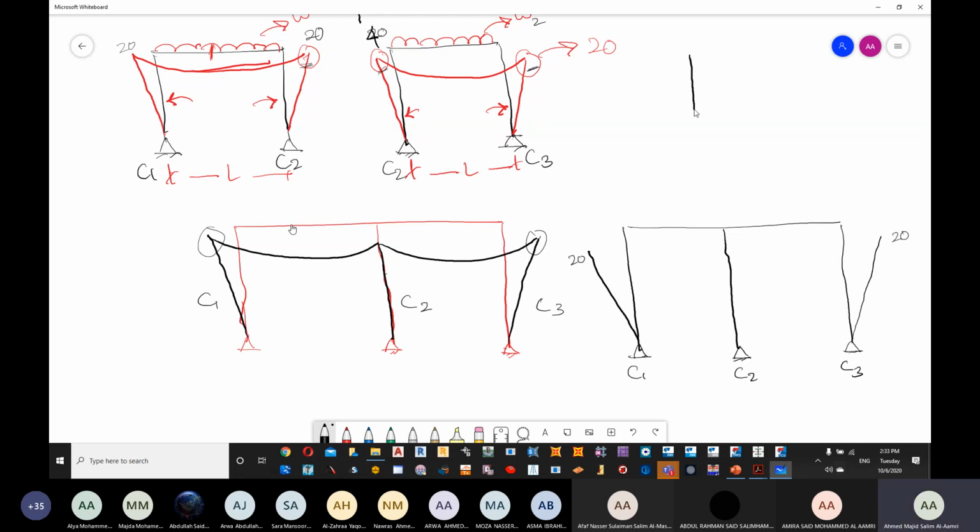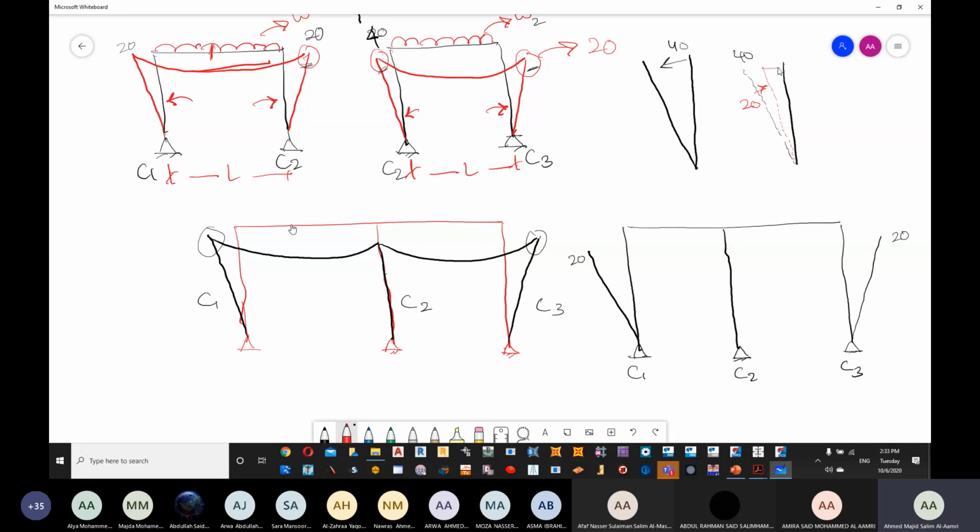So this is my exact position of column. First scenario, what I have done, I pushed my column 40. After that, this was my 40, and then I had to return by the value of 20.